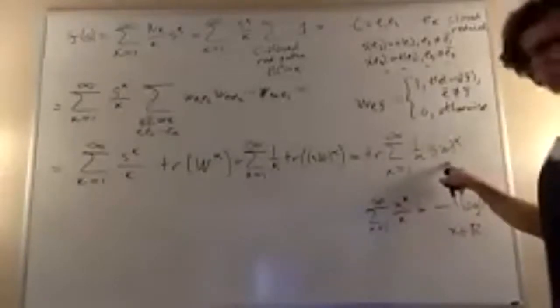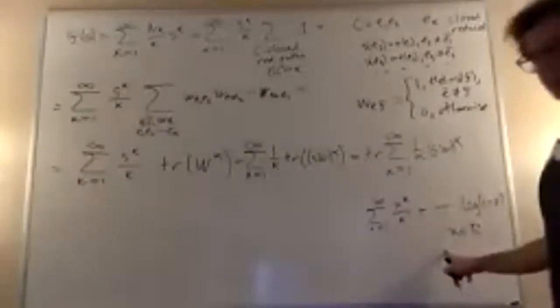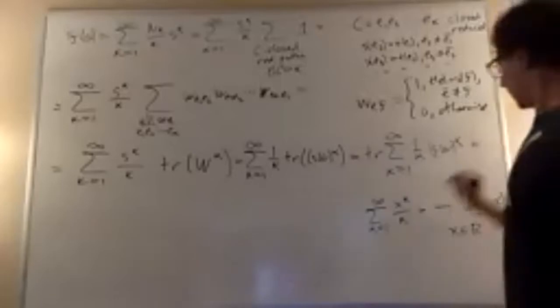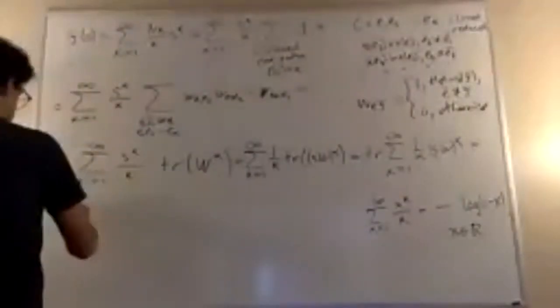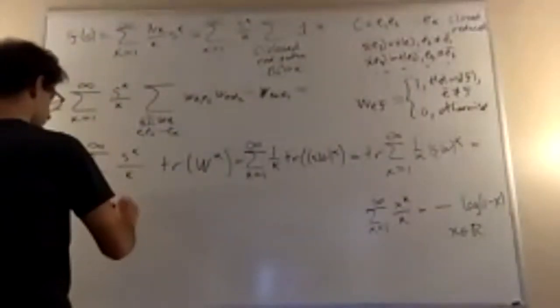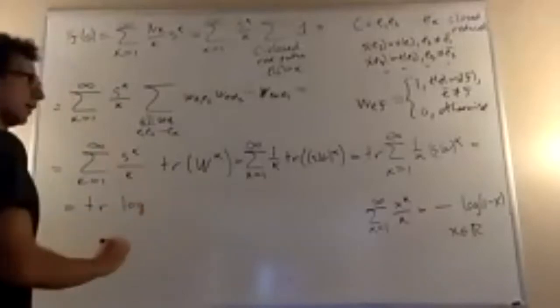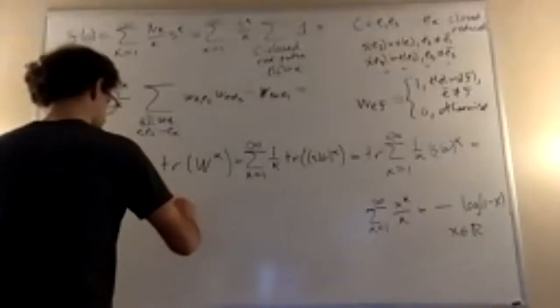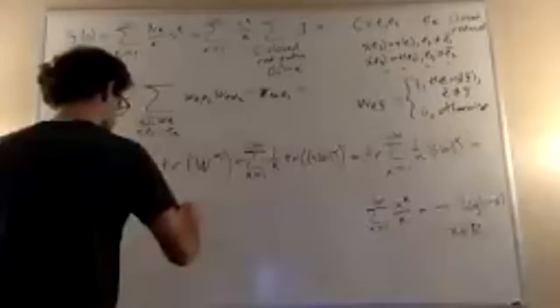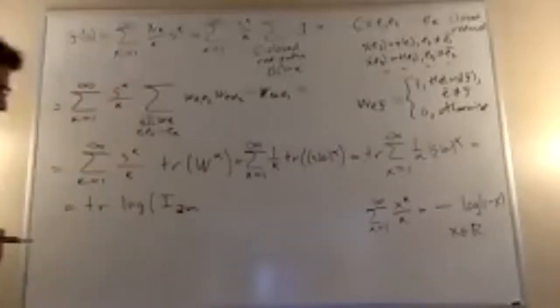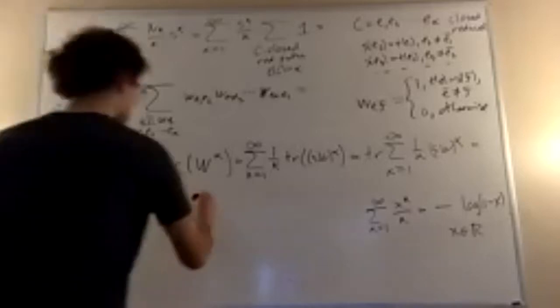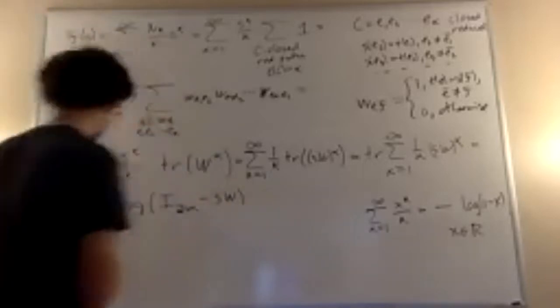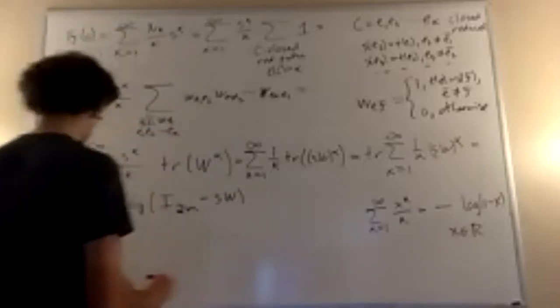But you can also define the logarithm of a matrix by this same formula. So this expression is the trace of the logarithm of 1, which in this case is the 2m by 2m identity matrix, minus sW. And there's a minus sign, which I'll pull out.